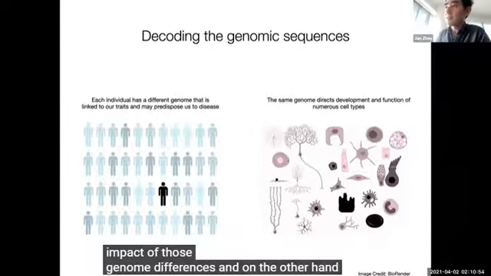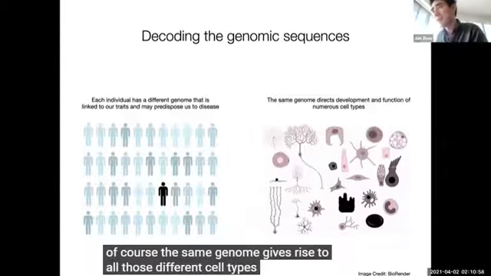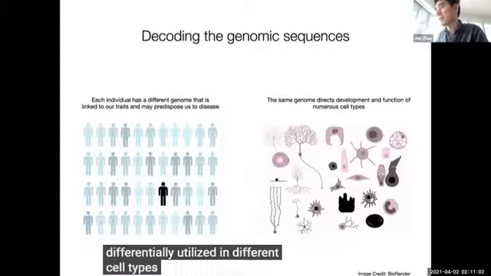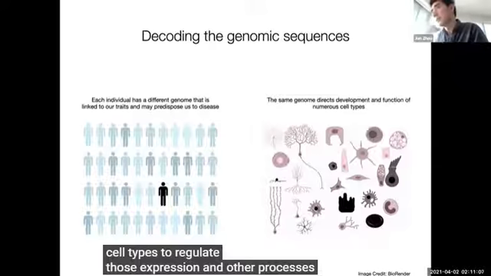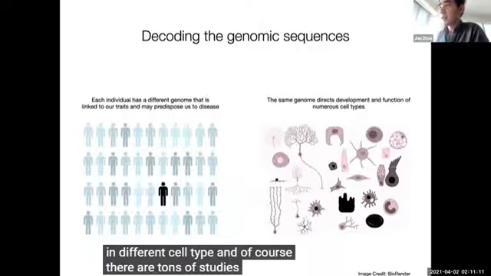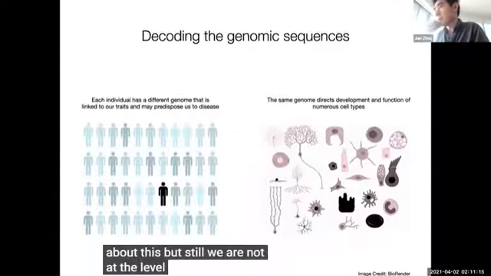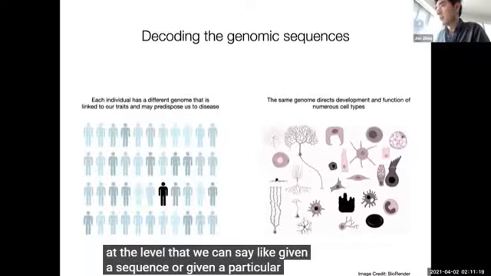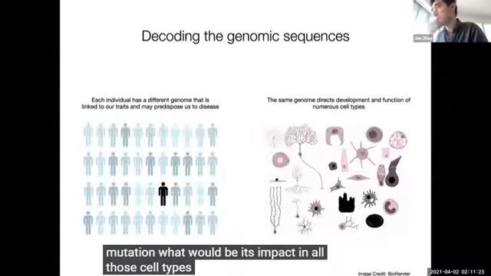And on the other hand, of course, the same genome gives rise to all of those different cell types. And the same genome has to be differentially utilized in different cell types to regulate expression and other processes. And of course, there are tons of studies about this, but still, we are not at the level that we can say, given a sequence or given a particular mutation, what would be its impact in all those cell types.